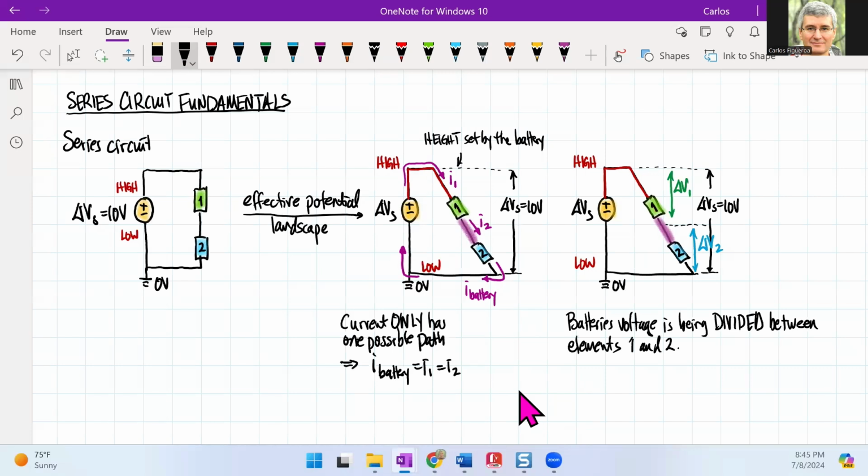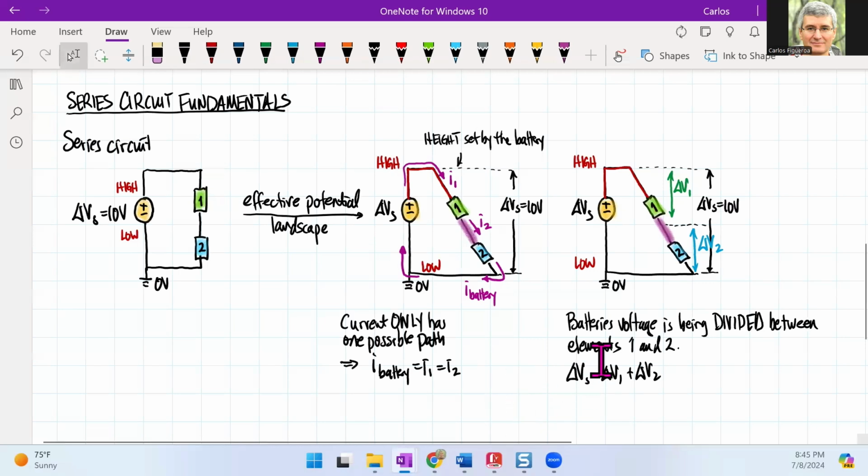In other words, I could say that the total height has to be a combination of these heights right here. If I color code these, all I'm saying is that the green height plus this blue height has to be the total height here.